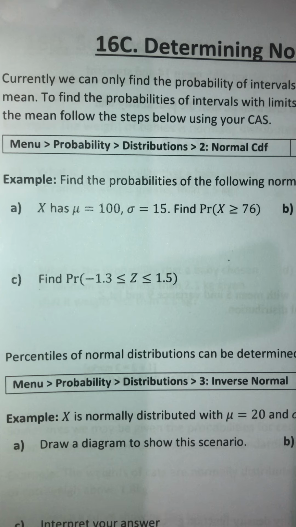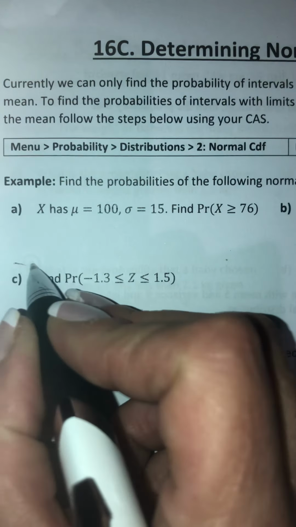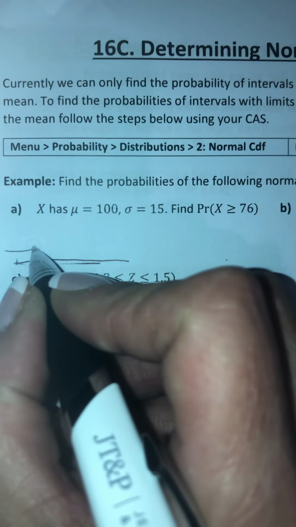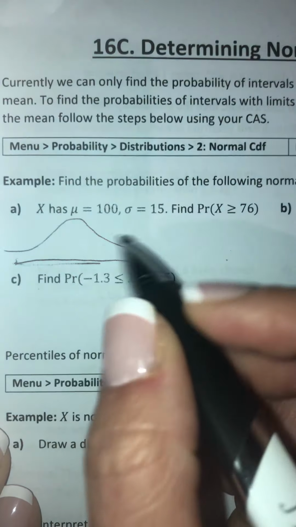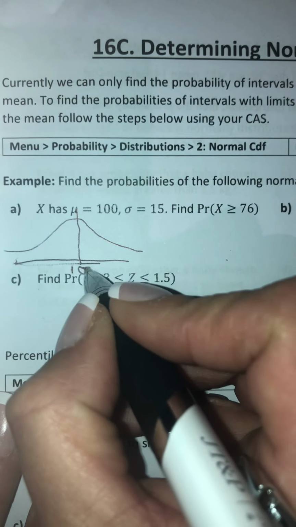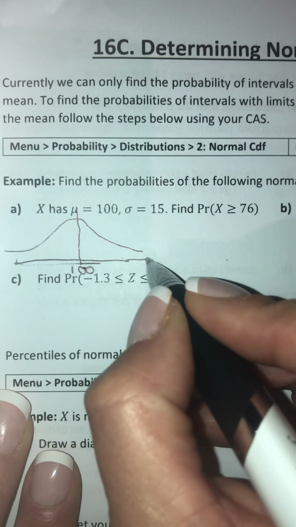All right, so let's have a look at the first one. Find the probabilities of the following normal distributions. All right, so we have an x has a mean of 100 and a standard deviation of 15. So if we were going to draw that curve, right down the middle is 100.